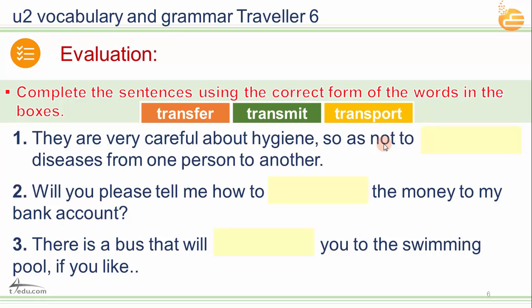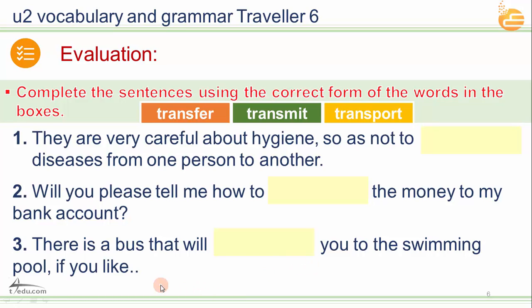Transfer diseases, transmit diseases, or transport diseases from one person to another. Two, this is a question. Will you please tell me how to transfer, how to transmit, how to transport the money to my bank account? Three, there is a bus that will transfer you, transmit you, or transport you to the swimming pool if you like.